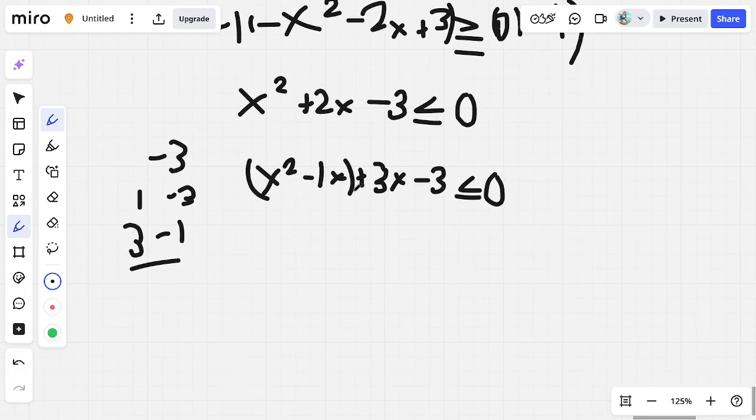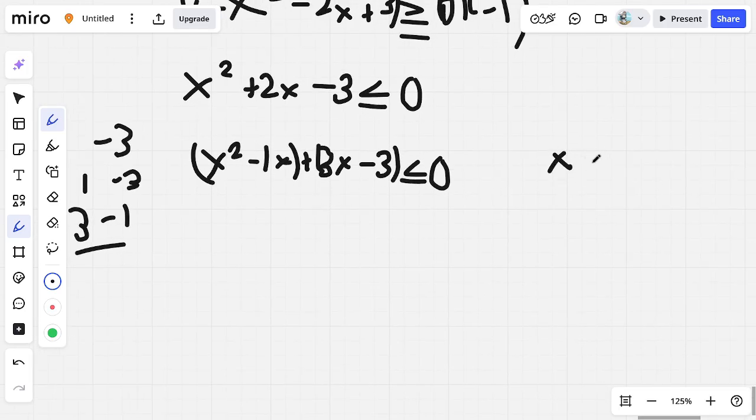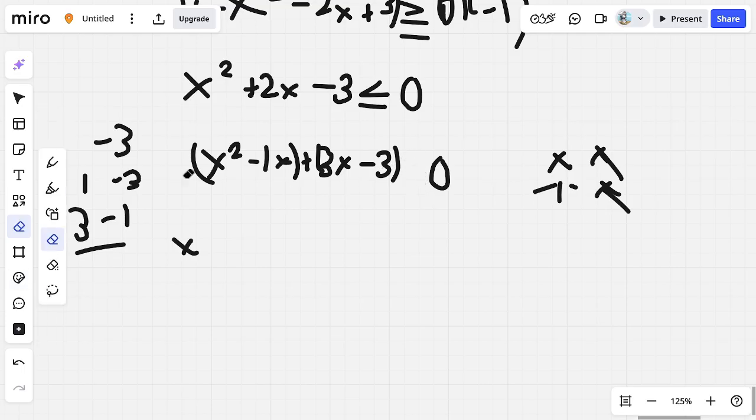So now let's make the two groups. What are the common factors? We have x, so we can pull out the x. Oh wait, I meant equals. We need to equate.